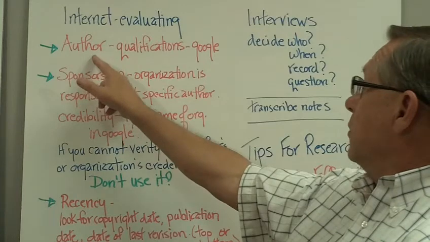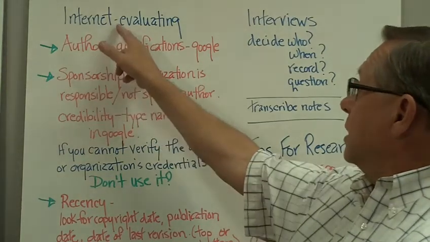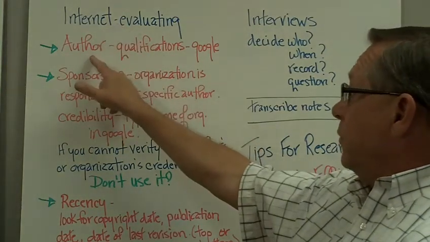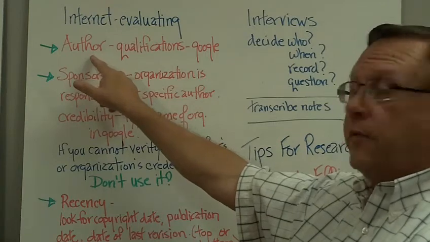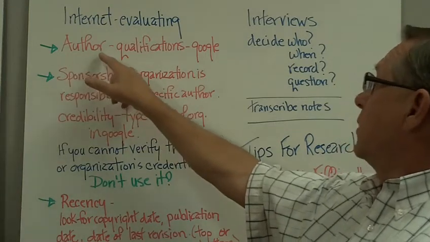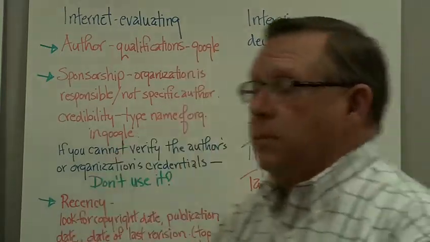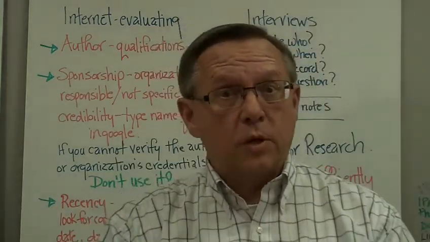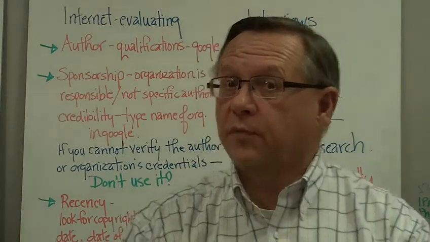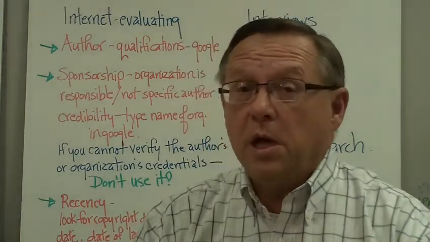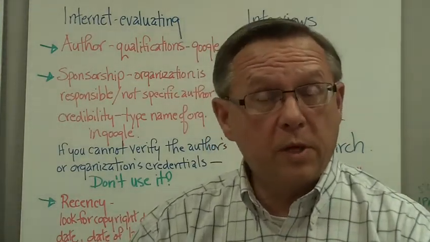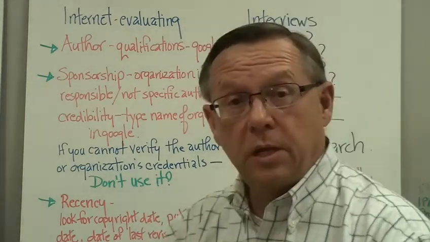You want to find the author of the site. A lot of times in an internet site, the author's credentials, his or her qualifications are not given. Well, go to Google and type in their name, and a lot of times you can find their credentials, which will help you give us their qualifications and understand that they do have the authority to speak about this particular topic. They are indeed experts.